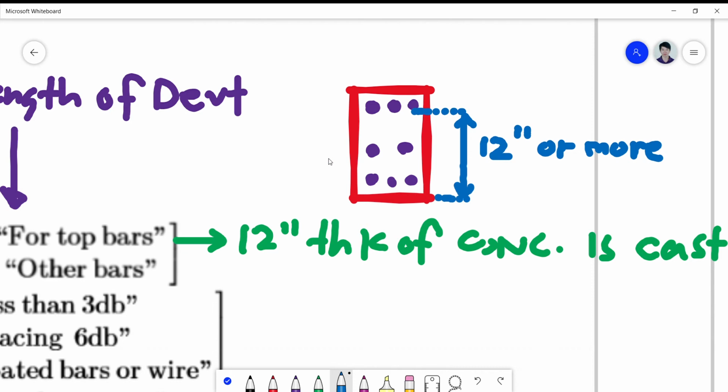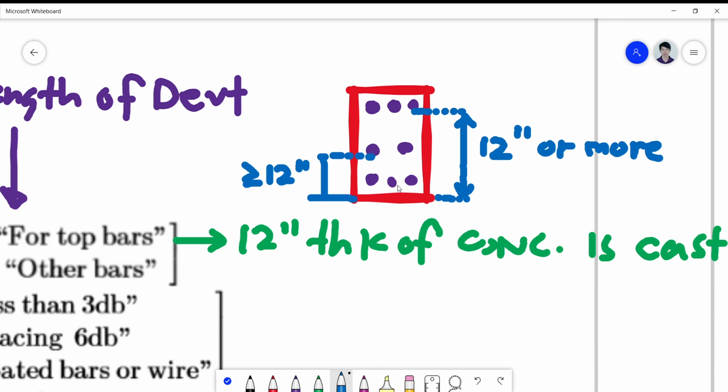Okay, we also have to measure this. If there is 12 inches or more, okay, at least 12 inches, greater or equal, you can specify.